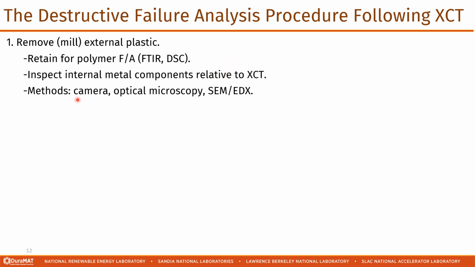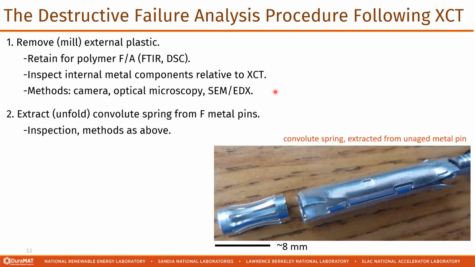We're talking about using a camera or a microscope for imaging, SEM and EDX perhaps for composition analysis. And then one of the steps is to unfold the female pin and extract the convolute spring. This spring helps facilitate the connection between the connector components. We look at it using the same methods as above.